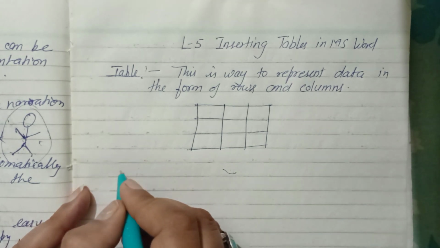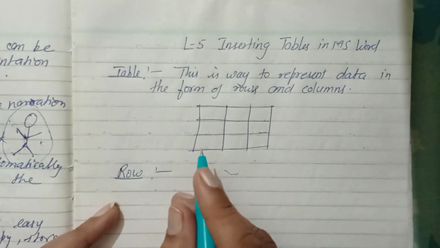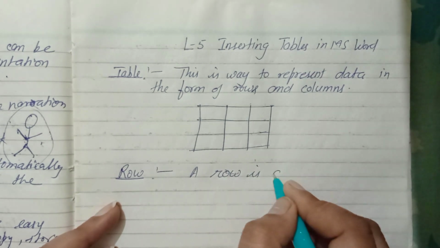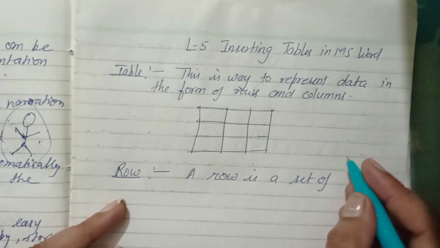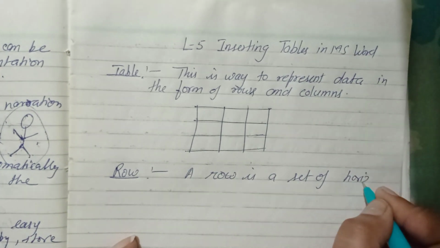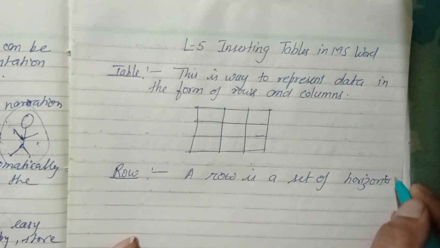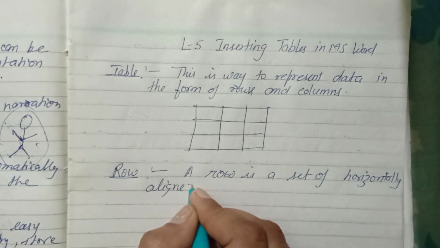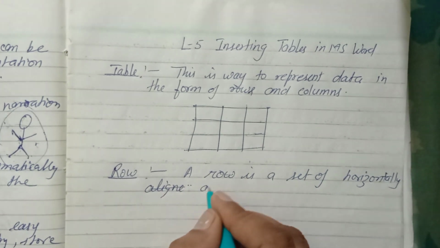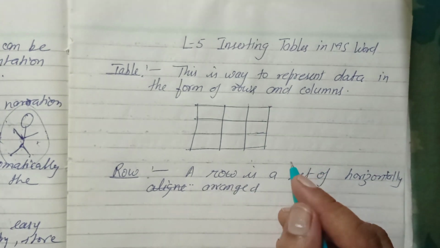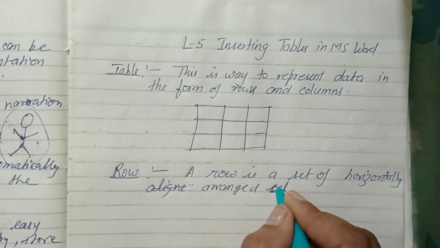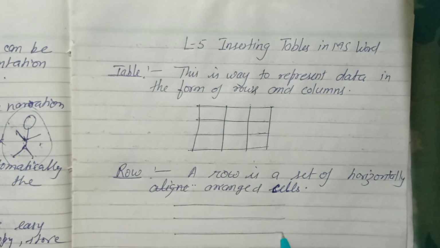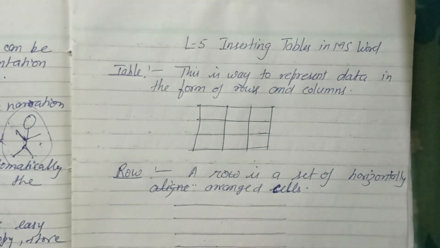Now, what is a row? A row is a set of horizontally arranged cells. मीन्स इस तरीके से जब हम डेटा को अरेंज करते हैं, दिस इज कॉल्ड रो.